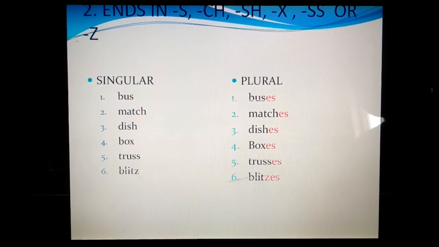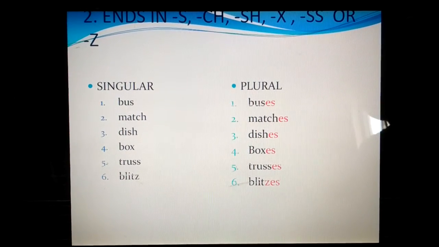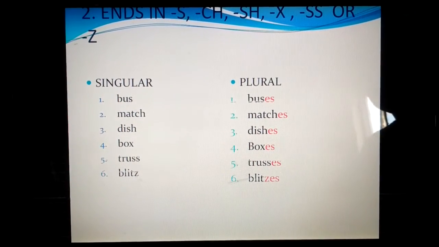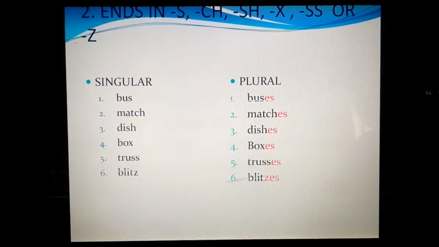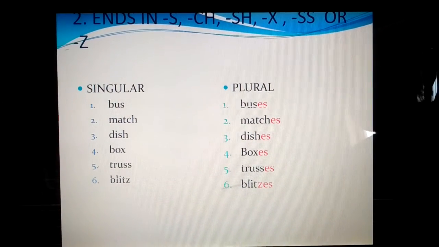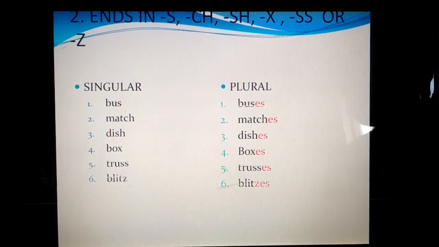Dishes. Then box. At the end of this noun there is x, and in plural form it will be boxes. Then truss. At the end of this noun, ss, and in plural form we change it to trusses. Then z.